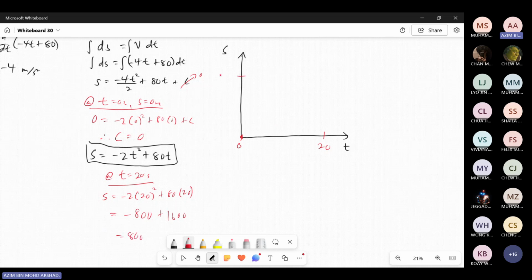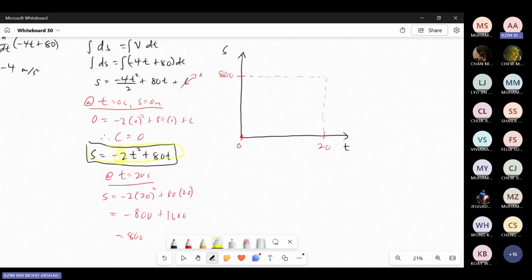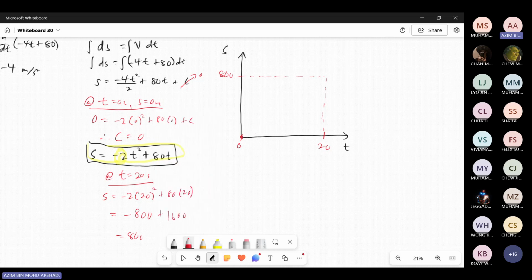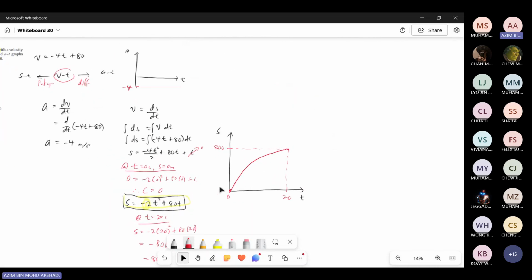So s equals 800 meters. And this is a quadratic function with a negative first constant, negative 2, so the chart will look like this. So this is the st graph.